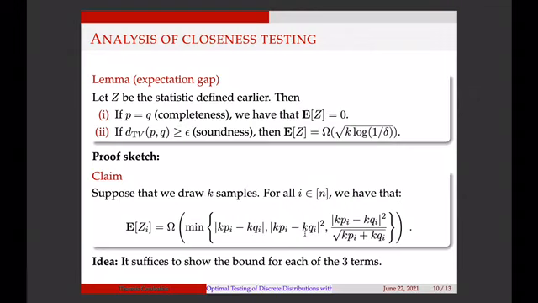The main idea in the proof is that once you have proven this claim, it suffices to show that the bound on the expectation of Z holds for each of the three terms. And why is that? The reason is that if you have P and Q with total variation at least epsilon, and you have this claim, then this means that there exists a subset of the domain such that the contribution of at least one of these three terms to the total variation distance is at least epsilon over 3.